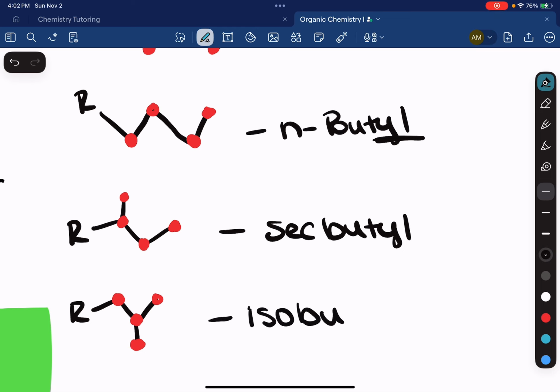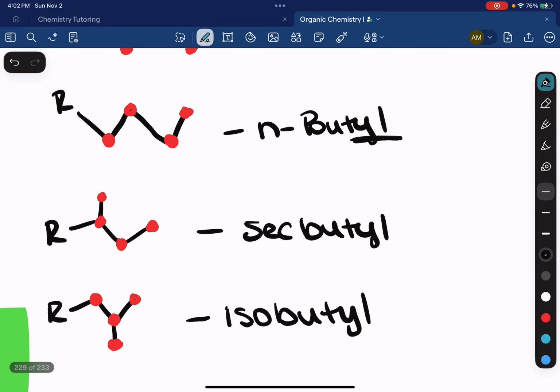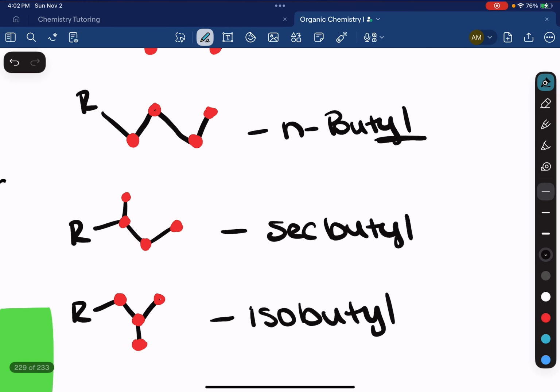Isobutyl. Strange looking guy. I don't really have a way to remember it other than it looks like a Y. Why is he doing that? Isobutyl's a weird guy.